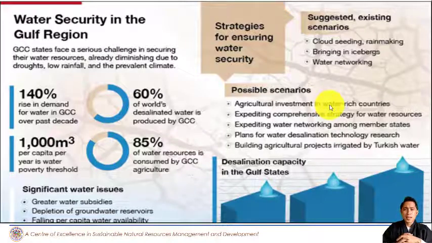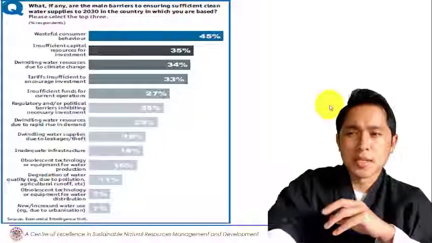Because if they invest in the agriculture sector of other countries, then there is less burden on Gulf Coast countries, which is good. So these kinds of activities are being taken to mitigate water supply and demand issues.